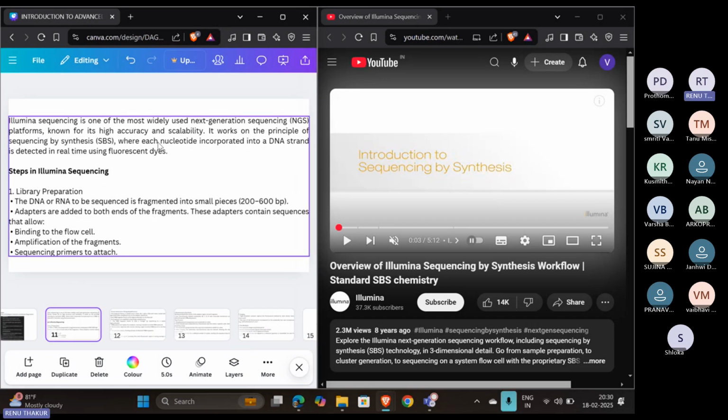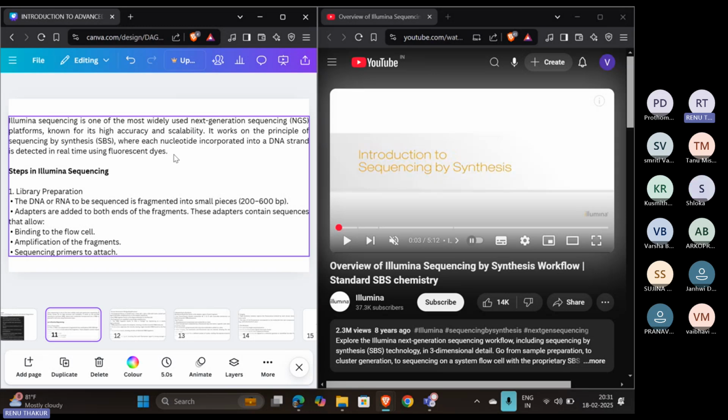Yeah. So Illumina sequencing, it's one of the most widely used next generation sequencing platforms, okay? Because of its high accuracy and scalability, it works on the principle of sequencing by synthesis. So this is the principle used for this sequencing method, where each nucleotide is incorporated into a DNA strand, and those nucleotides are detected in real time using fluorescent dyes, okay?